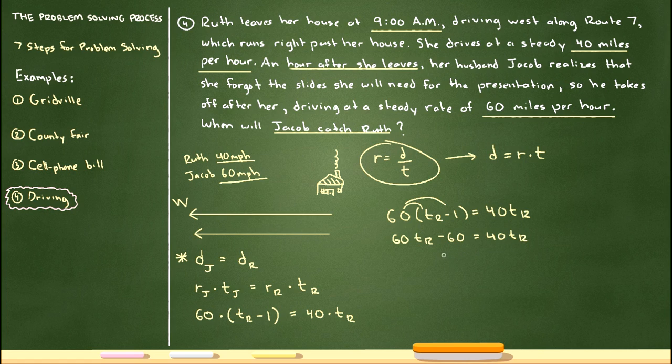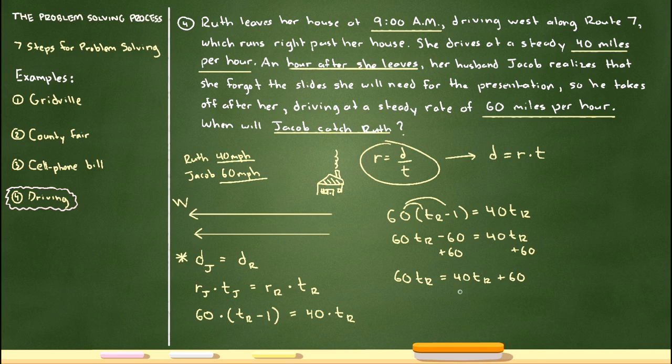Okay, now we want to move our constants and move our variables if we need to. So let me move my constants to the right. So adding 60 and adding 60. So we get 60 t sub r is equal to 40 t sub r plus 60.